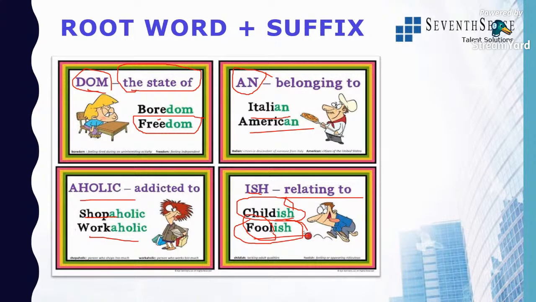Ish is the suffix which relates to oneself, like selfish, which is related to me. I am selfish. Ish is the suffix which indicates that it's related to something.